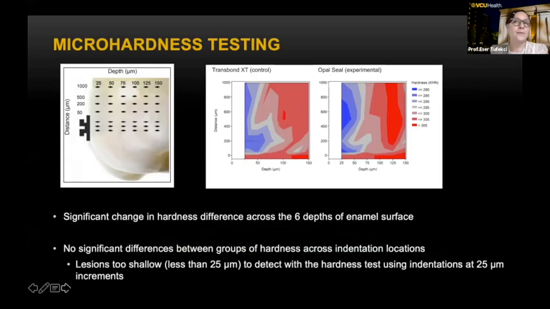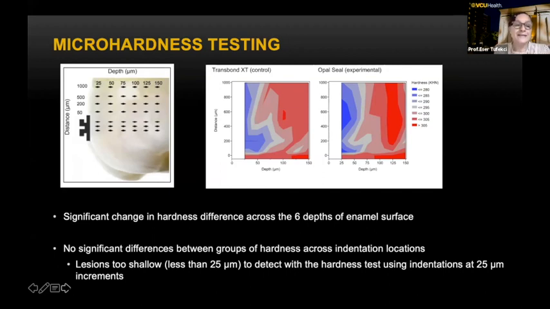Since visual examination is somewhat a subjective method, we also did a microhardness test. As we all know, sound, healthy enamel has a hardness that is above 300, about 310. Of course, this will depend from person to person, but we chose indentation sites away from the bracket towards the gingival, also deeper towards the dentin.